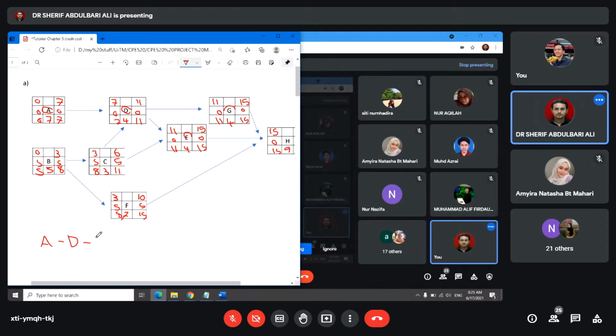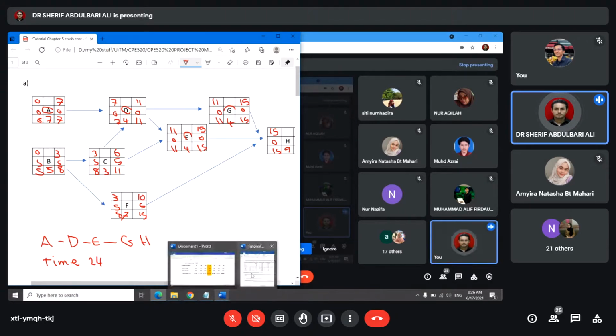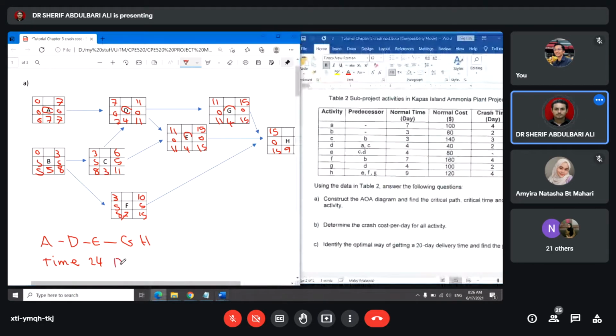A, D, E, G, and H. The time that is going to be taken for this one is 24. They are talking about 24 days, right? Yeah, 24 days. Okay, so this is part A from the question.